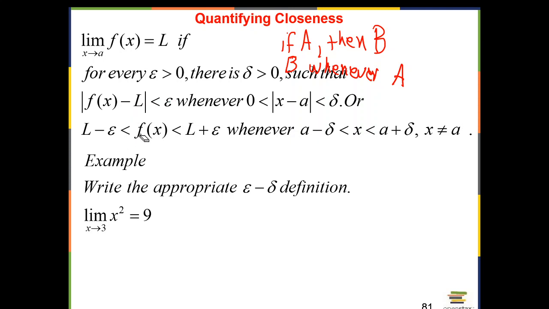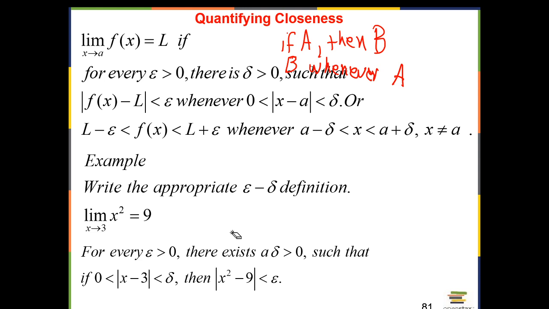So we're going to write it for this function, limit of x squared when x approaches 3 equals 9. So for every epsilon greater than 0, there exists a delta greater than 0 such that if x is within delta of 3 on the x-axis, right? That's basically what it means.